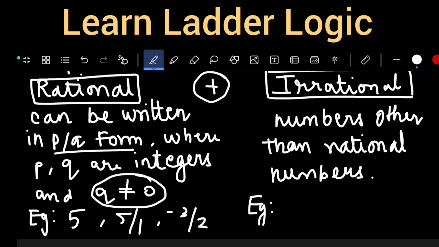Okay? Irrational numbers are the numbers which are other than the rational numbers, or maybe not rational numbers are the irrational numbers. For example, root 2, root 3. These are irrational numbers. Okay?